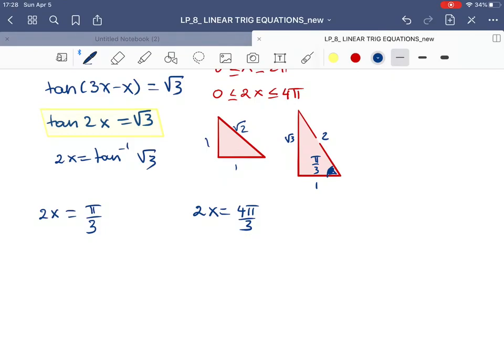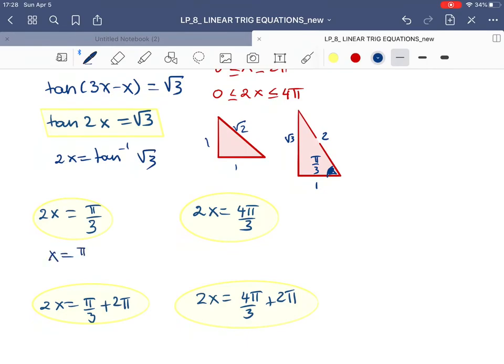To find the additional angles to within 4 pi, we just add 2 pi. So 2x equals pi over 3 plus 2 pi, or 2x equals 4 pi over 3 plus 2 pi again. So what we are going to do now is solve for x in each equation. And that will give us eventually all the answers.